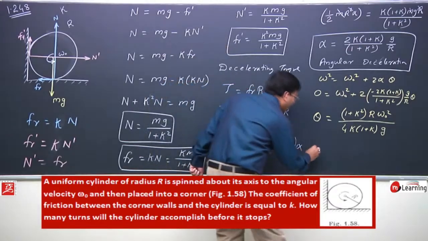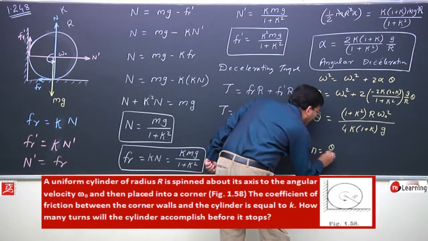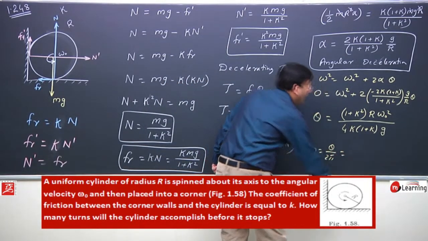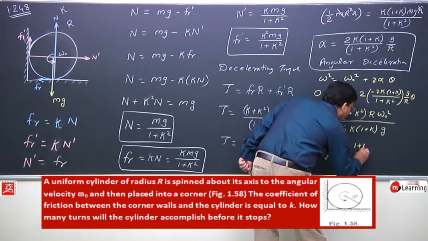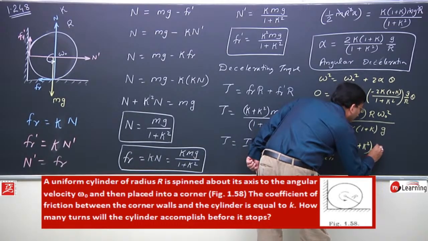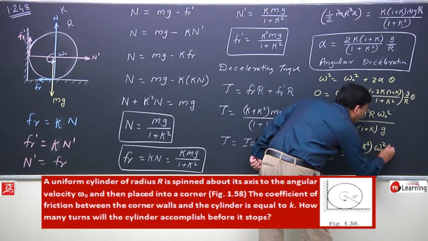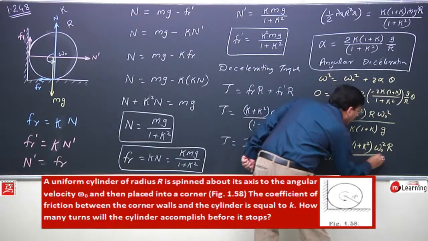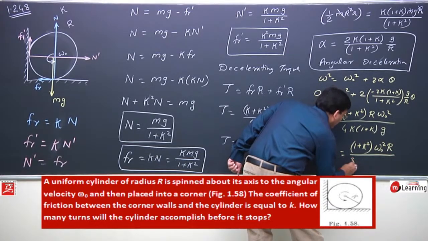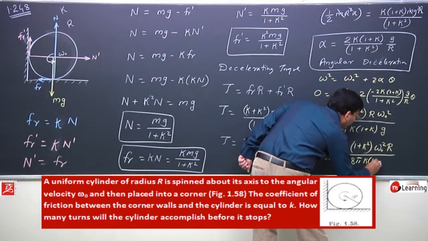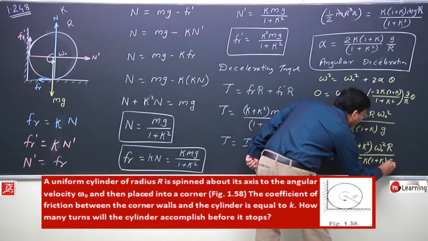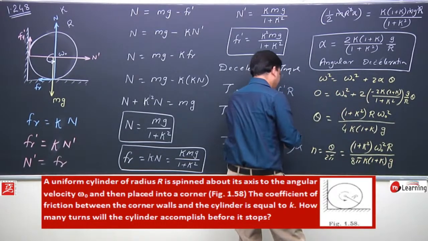And for number of turns, I will say theta upon 2 pi. And this gives us 1 plus k square into omega naught square r upon 8 pi k into 1 plus k by g.